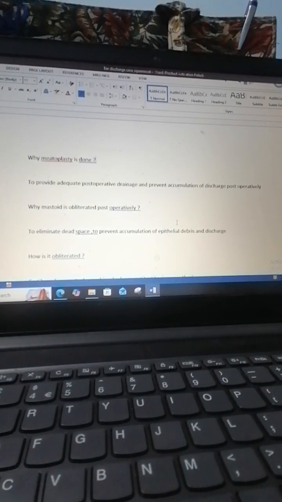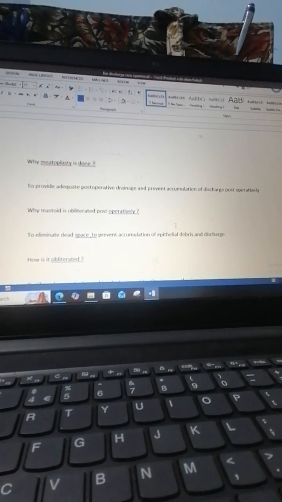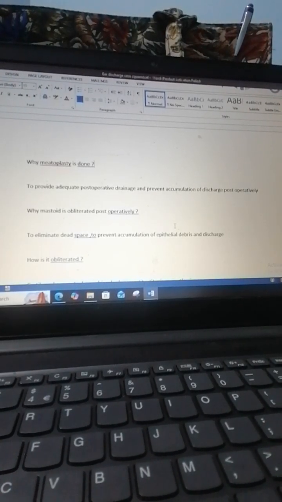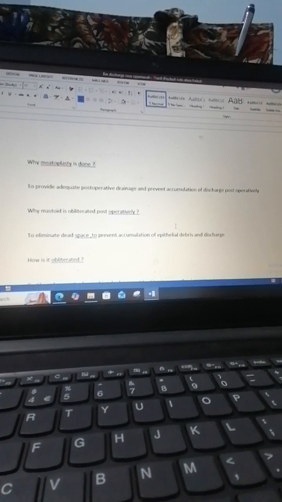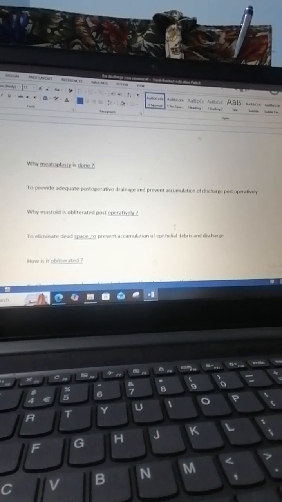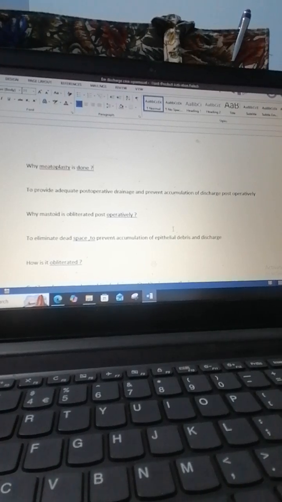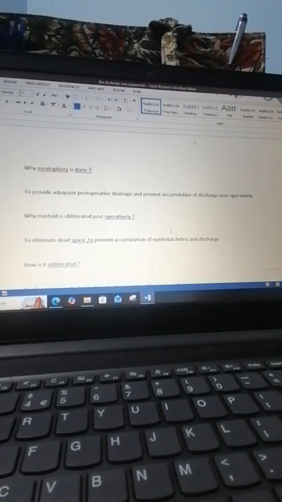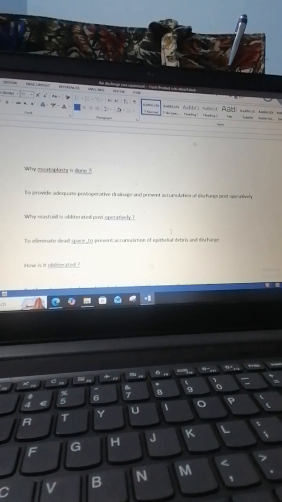And also mastoid obliteration is done. So the aim is not just to do surgery like canal wall down mastoidectomy or atticotomy. The other procedures like meatoplasty and mastoid obliteration are equally important in this case.